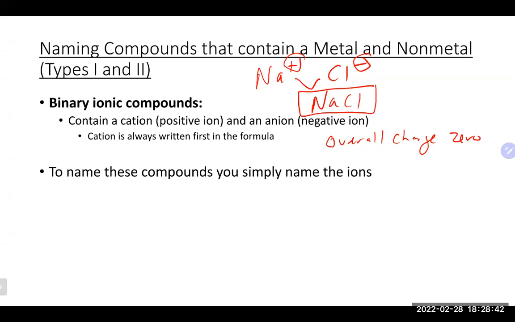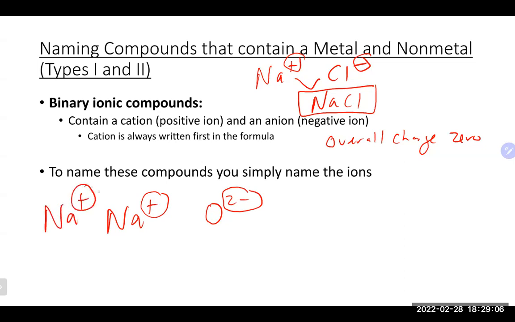That is also why if I put together my sodium ion and an oxygen or oxide ion, this is +1 and -2. If I just put those together just like that, I'm going to end up with an overall charge of -1, right? +1 -2 gives me a -1. To counteract that and to do it properly, I need one more sodium ion. +1 and +1 gives me a grand total of +2 to match the -2.